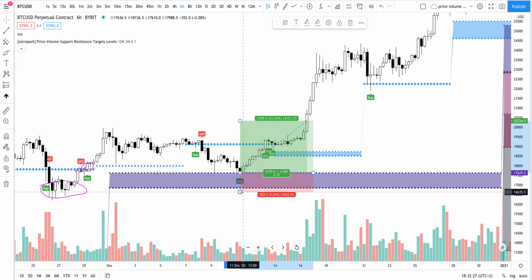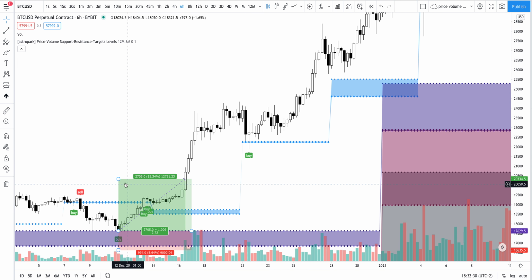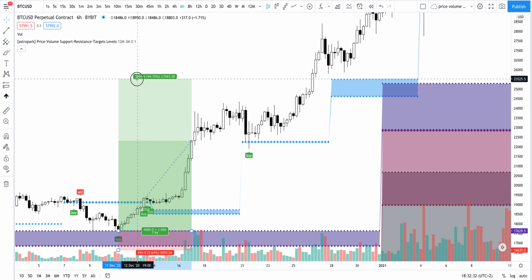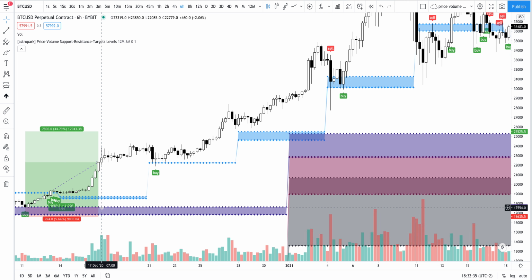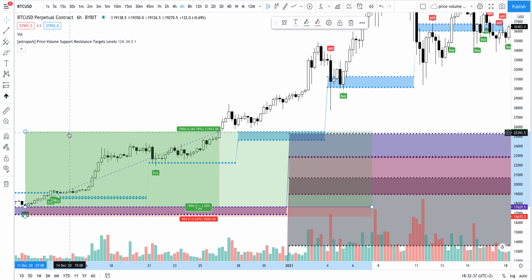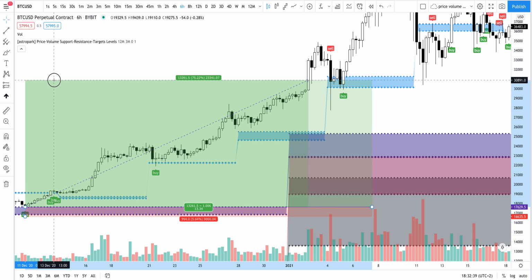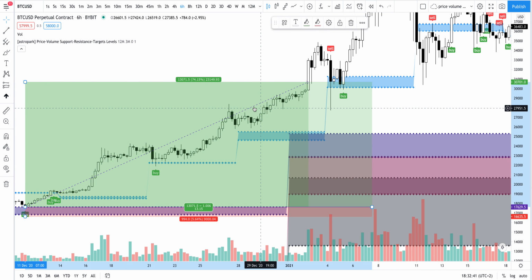So let's say here, for example, and here we go. Really a nice long. First signal is in here, so 13 hours. Okay, so I guess you understand how much profit you can make with this indicator if you are a swing trader.